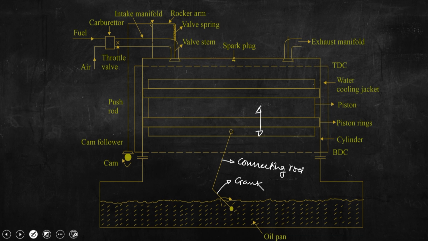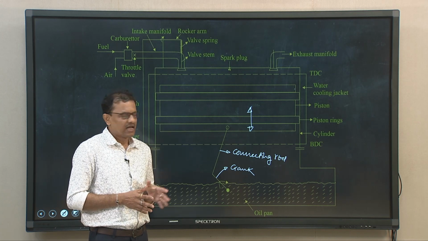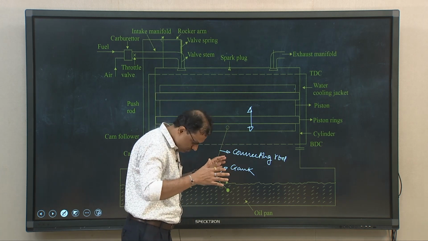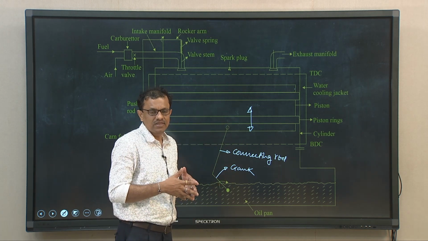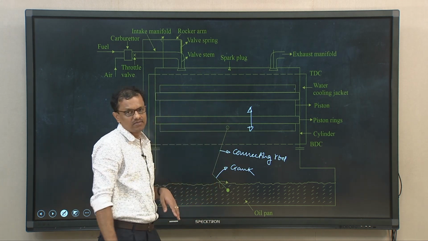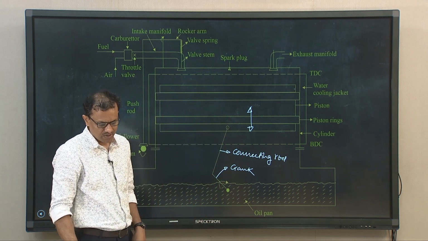So, I have tried to briefly describe the major components of an engine, and all parts will be there even in a compression ignition engine, but only the spark plug is replaced by a fuel nozzle or fuel injection system.